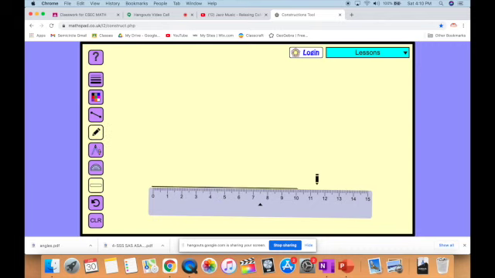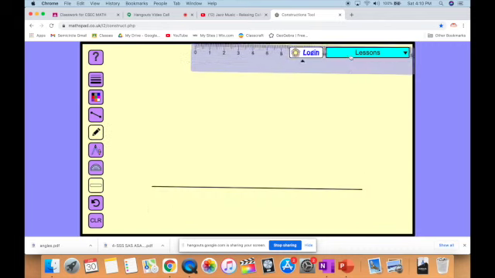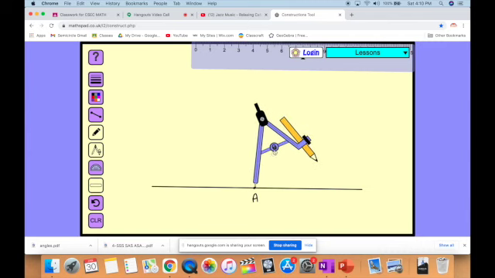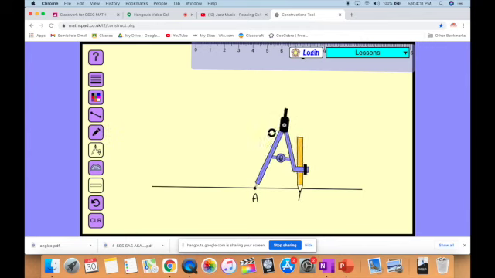Draw a line, mark a point A, open my compass to any length, and then I will cut a line here.